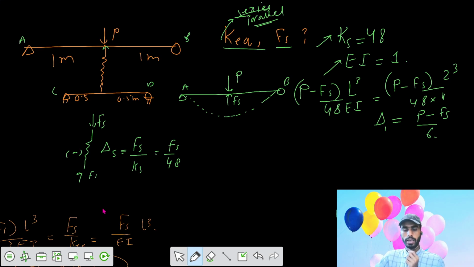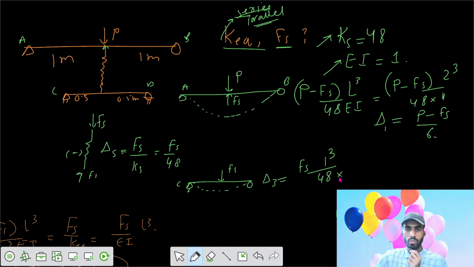Similarly, the same force will be transferred to the beam CD. Your force Fs is transferred at the midspan of the beam. So say the deflection is delta 3, that equals Fs times the length 1 meter cube, 1 cube by 48 EI, that means Fs by 48.